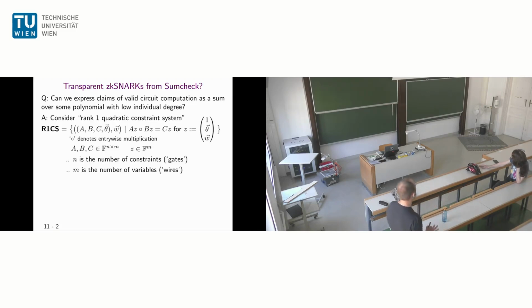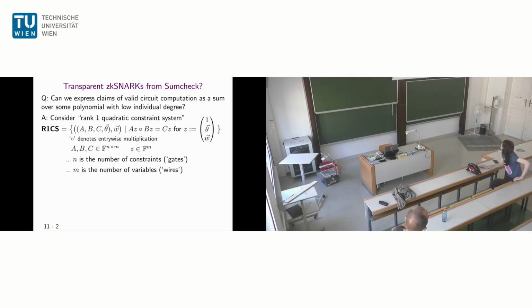And the ideal candidate, the language that kind of helps us to get there, is often referred to as the R1CS, or rank 1 quadratic constraint system, which looks like this. You have three matrices, A, B, and C, all of dimension n times m.